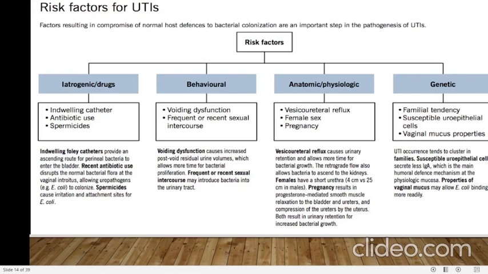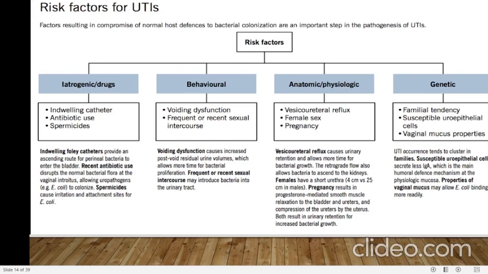Spermicides cause irritation and attachment sites for E. coli. Looking at behavioral factors, guys, I want to ask, how many times do you void in a day? What are your voiding patterns? Frequent or recent sexual intercourse, how often? This is one of the risk factors of UTI.